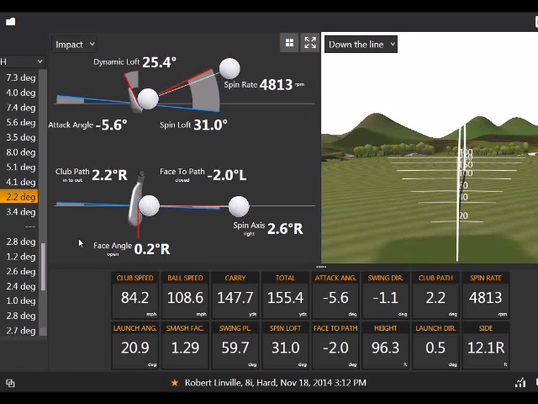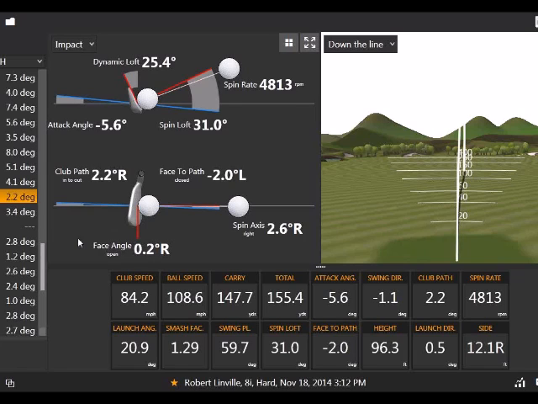By doing that, we can apply the parts of the information that specifically help with what we want to work on.